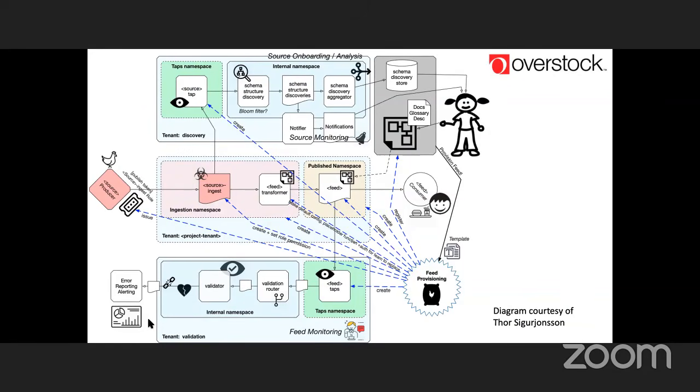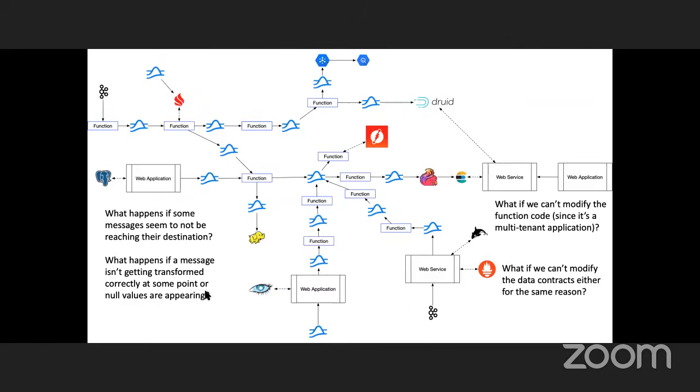Let me see if I can pull it up on my side. This one, where we can visualize how things are flowing, what they're connected to, and we can see what latencies look like, what backlogs look like. That was developed by Kathy on our team. She's done a lot of work there. If you have more specific questions, feel free to reach out to me and I can address those.